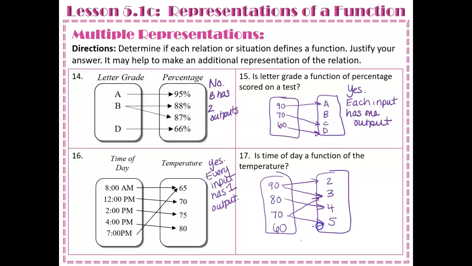So you can have one temperature at multiple times a day. So this is not a function. So it can be a certain temperature multiple times a day. Let me write this so you can read it.